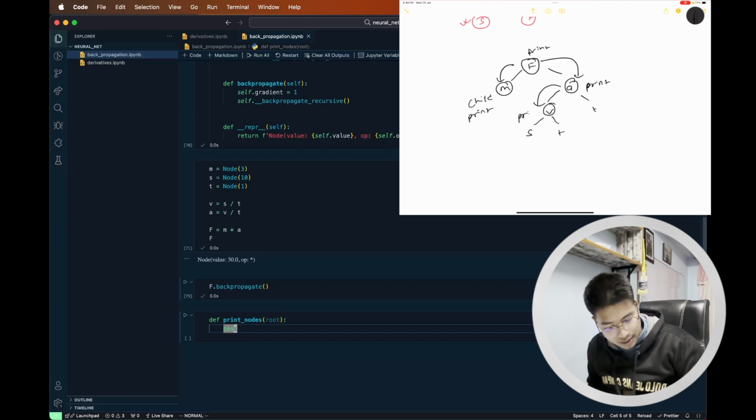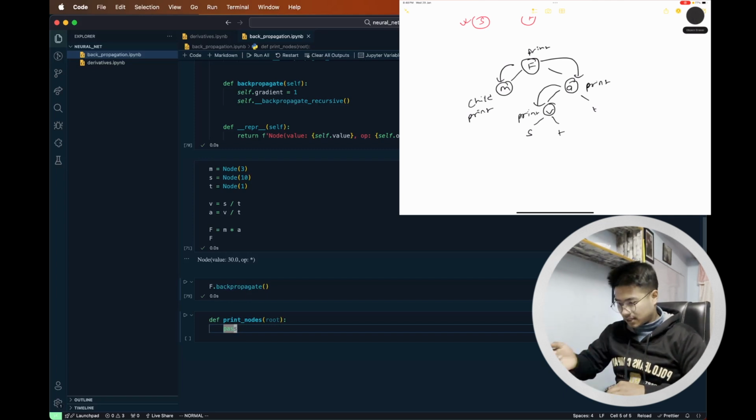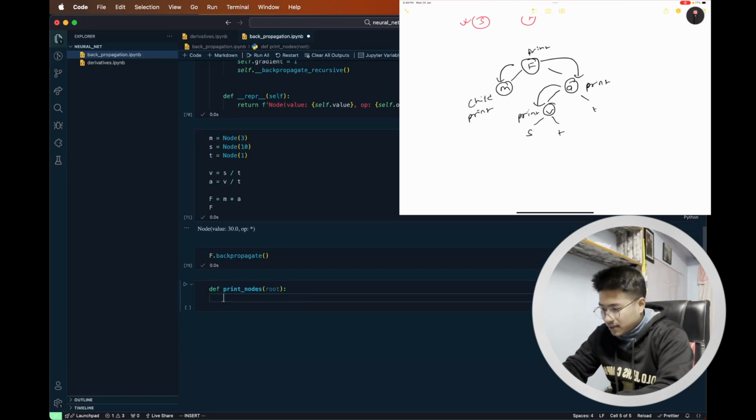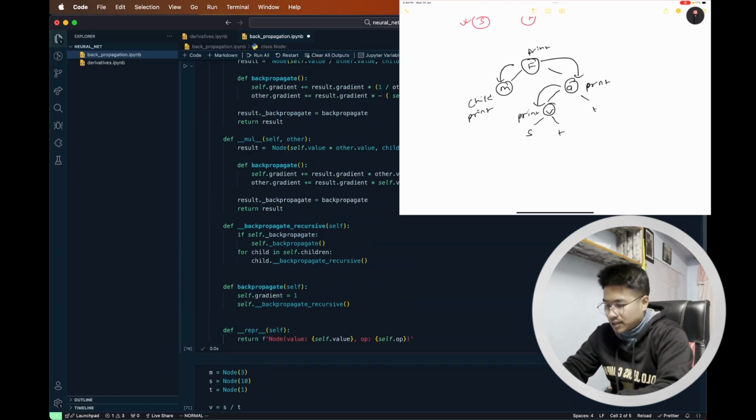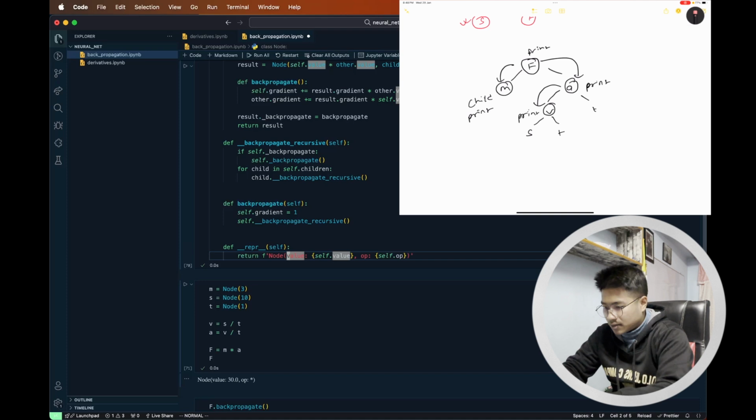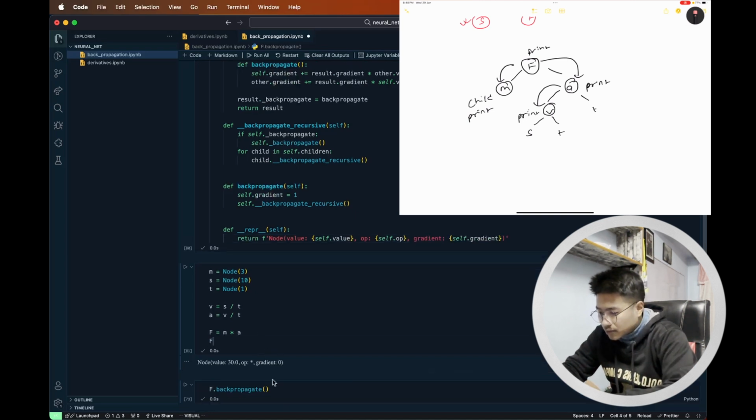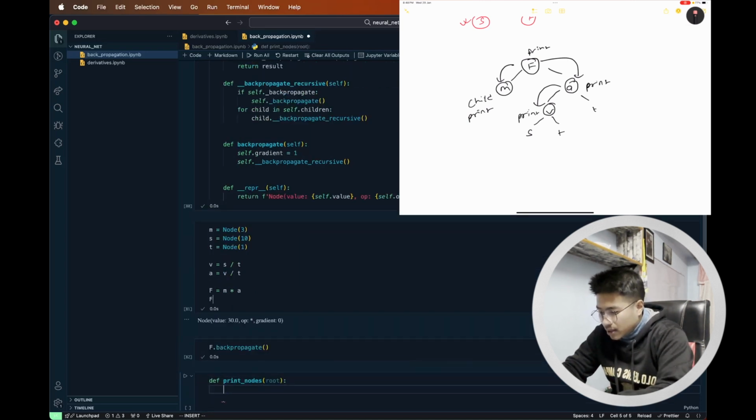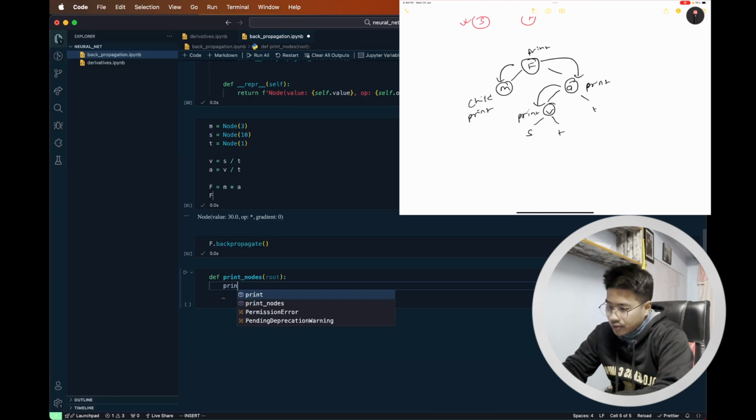And then print this. So let's define this in a recursive way. I will be changing my representation to include a gradient. So my gradient would be self.gradient. So that's good. The backpropagation is good.